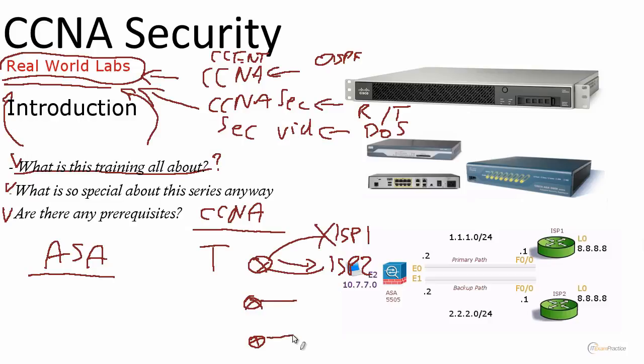We have two ASAs. If ASA 1 dies, you want to switch to ASA 2. This is almost a separate bonus training in this series. You will find a lot of interesting features that go beyond CCNA Security.